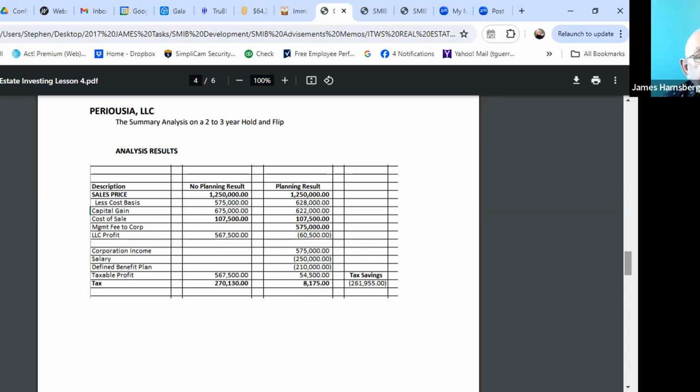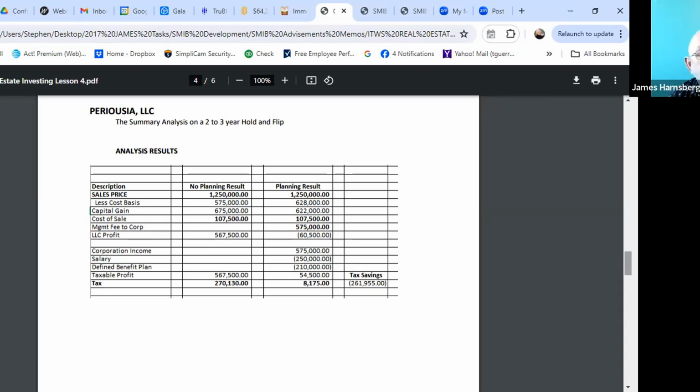What I'm suggesting is that if you're going to build wealth, you have to have the right structure. Because if you had done this as a solo investor, you'd have given up more than half in tax, and what little you had left would take all of the momentum out, and you wouldn't have the opportunity to take that $261,000 in tax savings and add it back to your capital and invest it while you're waiting for the next real estate deal.